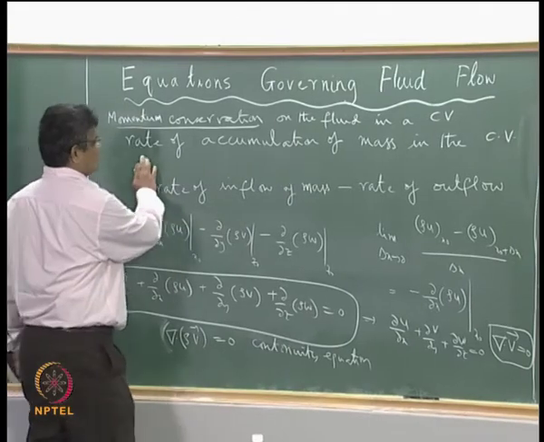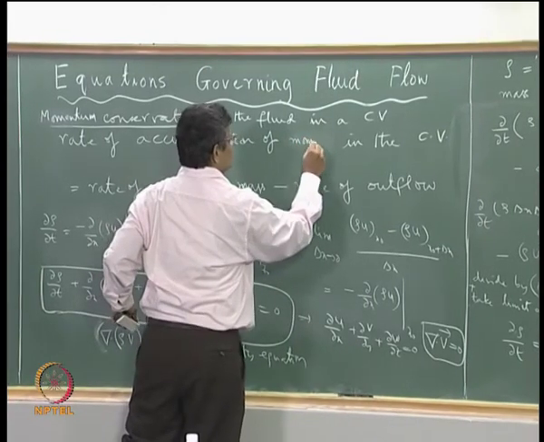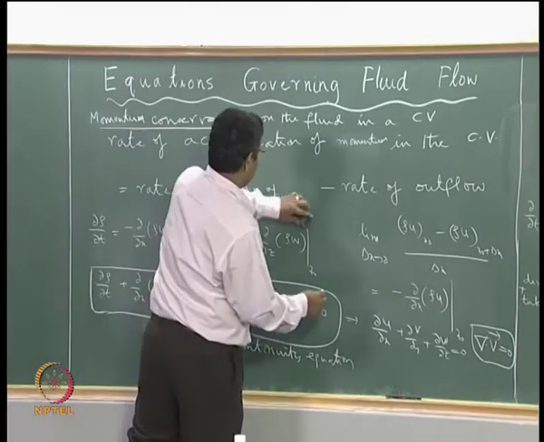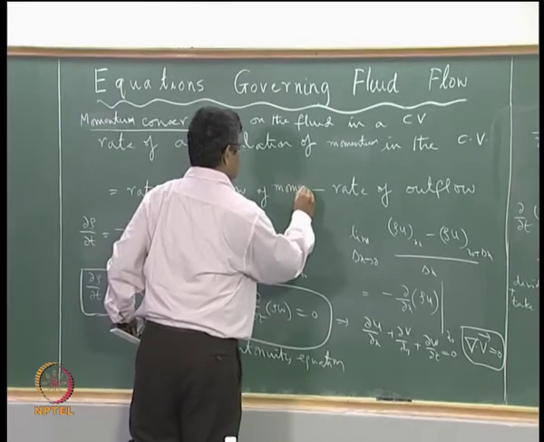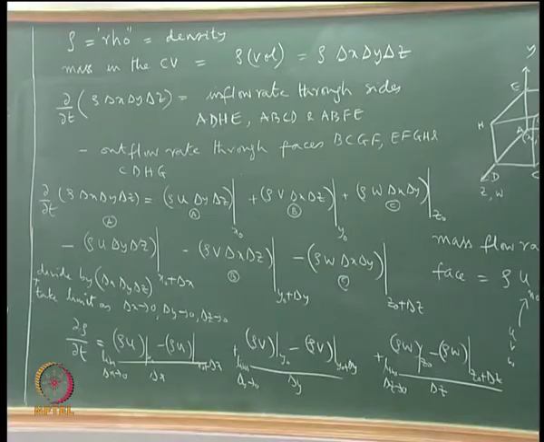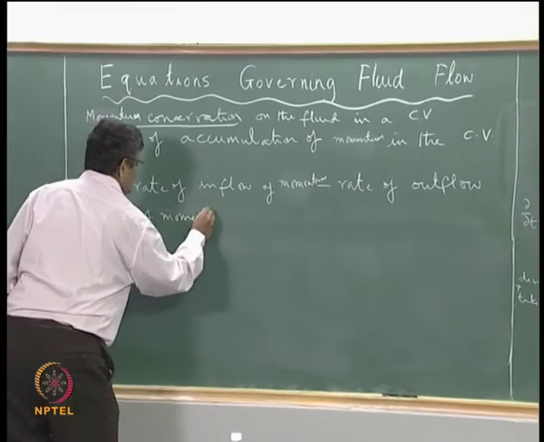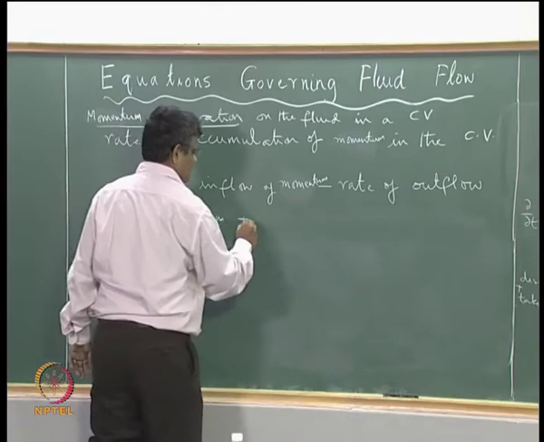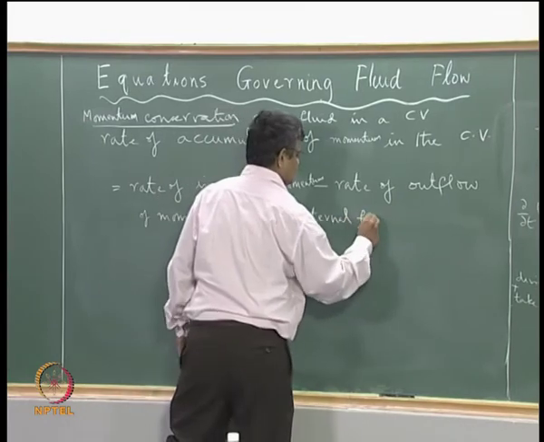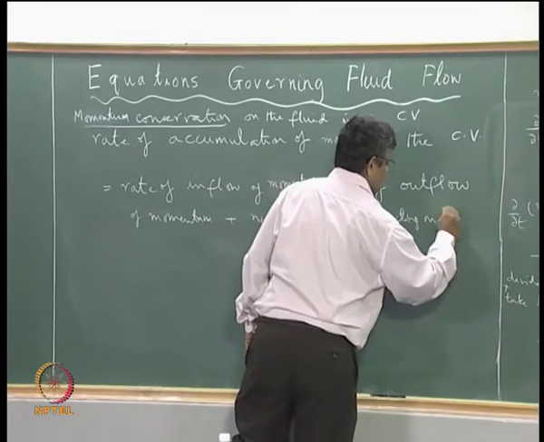Momentum conservation can be written as rate of accumulation of, instead of mass we will say momentum, is equal to rate of inflow of momentum minus rate of outflow of momentum plus net external forces acting on the control volume.